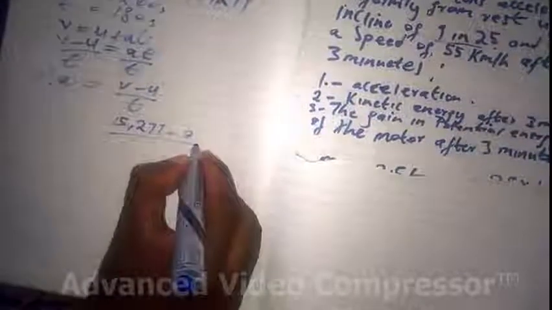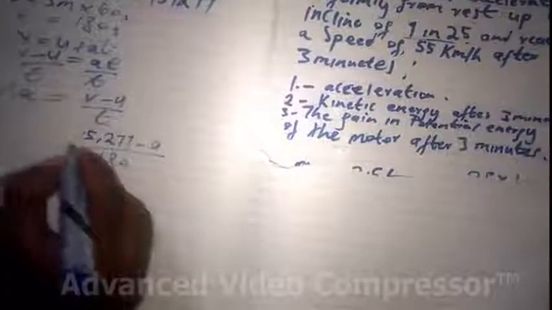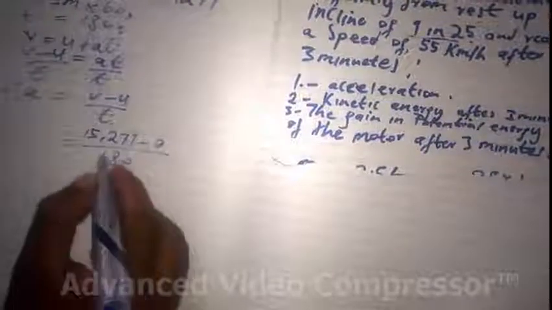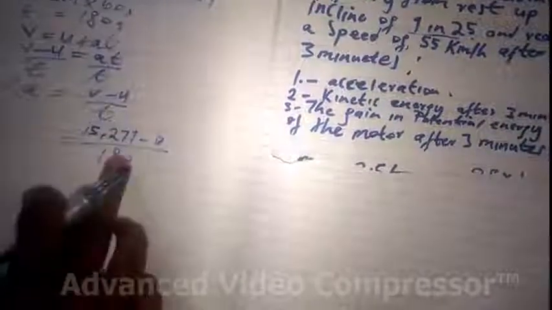My final velocity here is 15.277 minus 0 over my time, which is 180 seconds. What is our initial velocity then? It is 0.